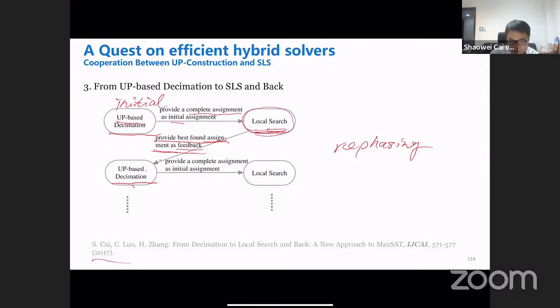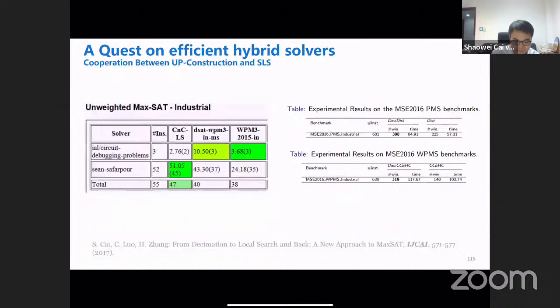When the local search runs, the assignments are saved and used in the construction. Following this way, we can improve the local search MaxSAT significantly. And for the first time, in 2016, a local search algorithm won the industrial track.